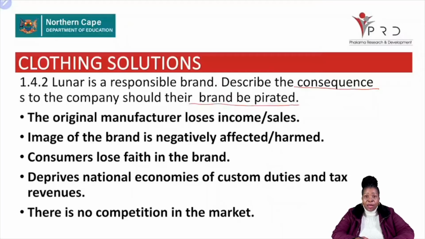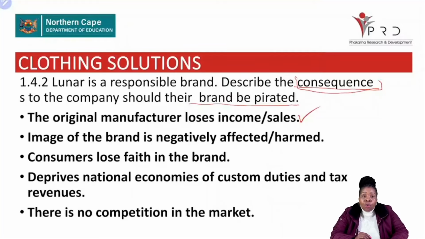So what happens if somebody copies the Luna brand of clothing? The original manufacturer loses income. People who produce counterfeit goods sell them at a lower price than the original manufacturer.